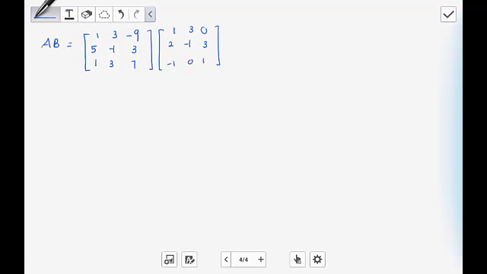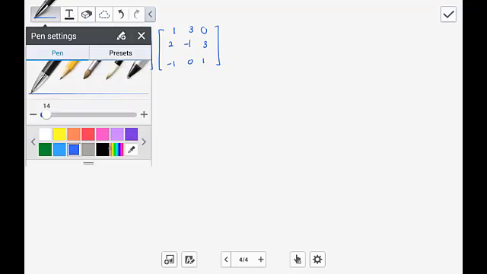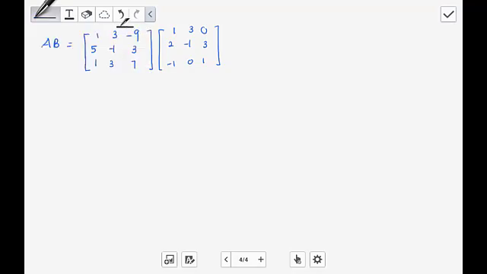We take the first row and multiply with the first column, so row times column. This is a 3 times 3 matrix, and this is also a 3 times 3 matrix, so your answer will be a 3 times 3 matrix also.